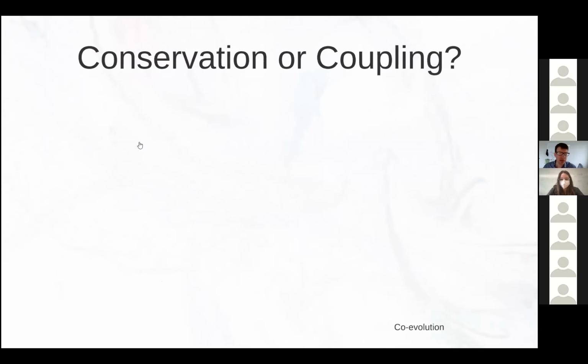Conservation looks at one region or one base and asks, are you conserved? The hypothesis is that if you're conserved, you're probably under purifying selection, meaning that if we change this position, it's probably going to break something. That hypothesis is a good one and has been borne out many times.